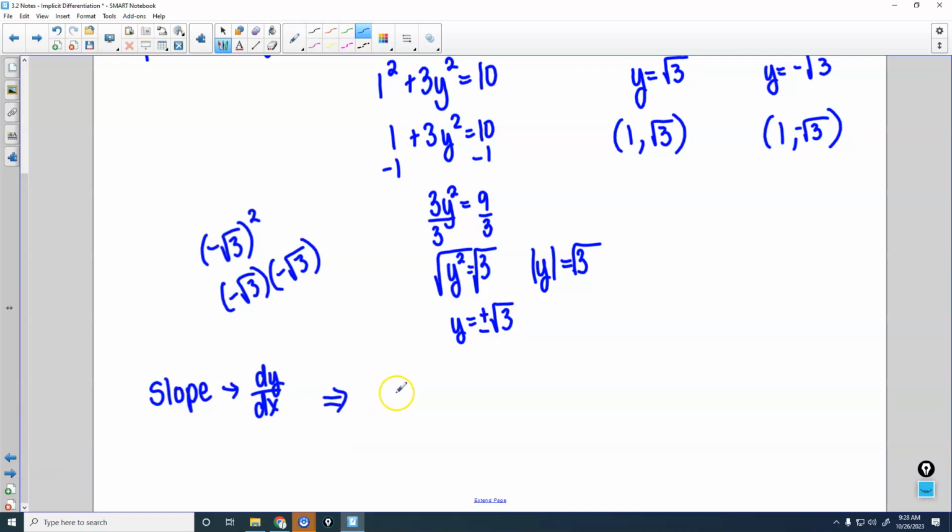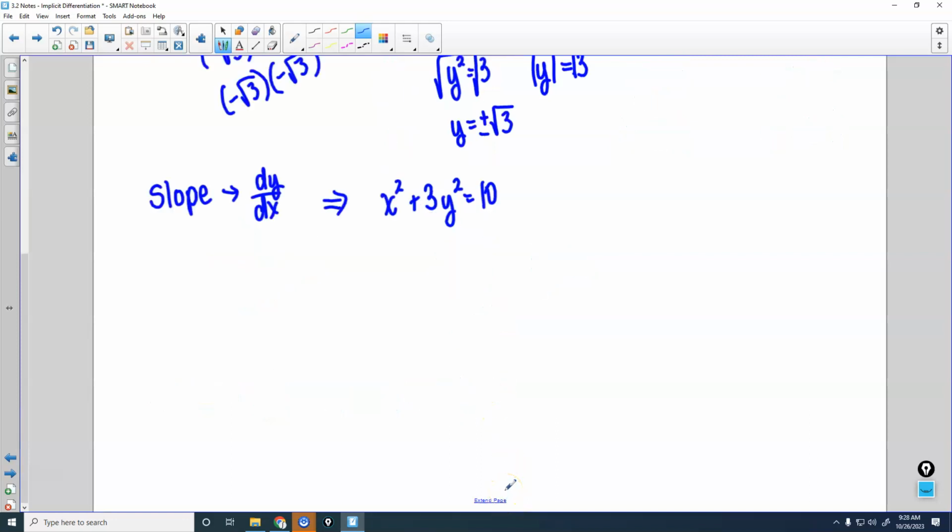So, what were we starting with? x squared plus 3y squared equals 10. This is a pretty straightforward derivative here. We're going to have 2x plus 6y dy/dx equals 0.